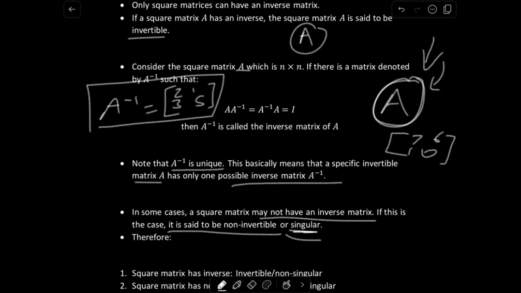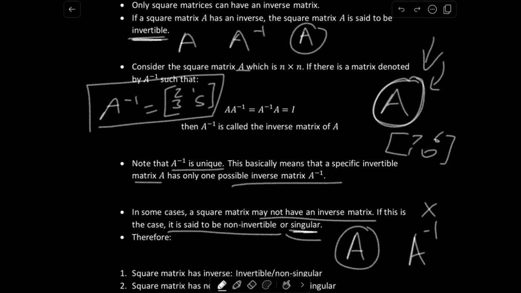How I like to remember this: here's my original matrix. If it doesn't have an inverse, its partner, then it's single. It doesn't have a partner, so it is singular. Similarly, if it is invertible, we can say it is non-singular. Here's my original matrix A. It's invertible, that means it has an inverse, its partner basically. So it has a partner, it's not single, it's non-singular.